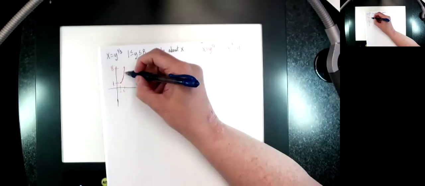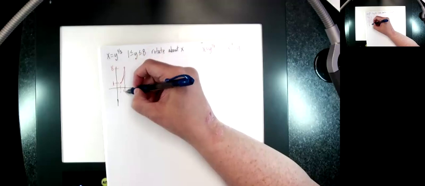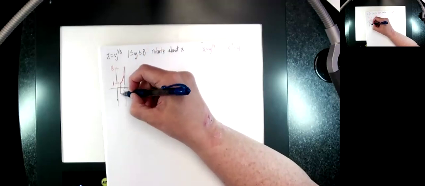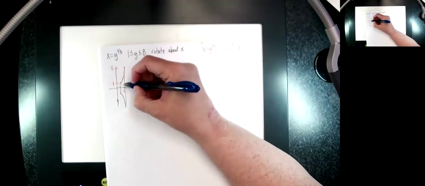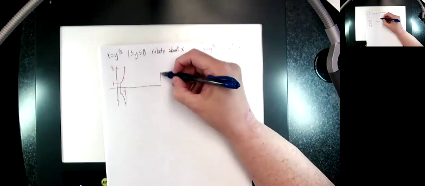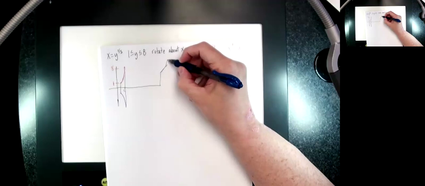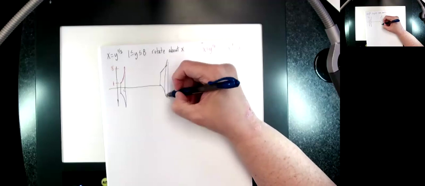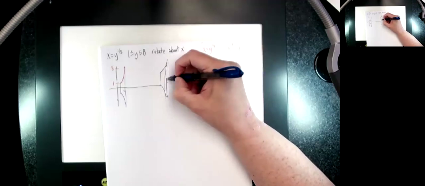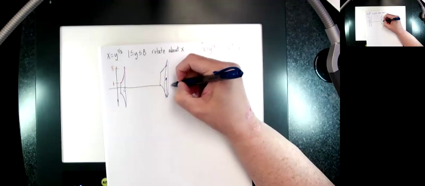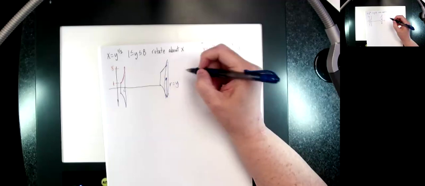So it looks similar to the one we just had, just taller. But now we're rotating it about x, which means this is coming down and this is coming down, and we're doing this. So our circle is like that, and our radius is in terms of y.